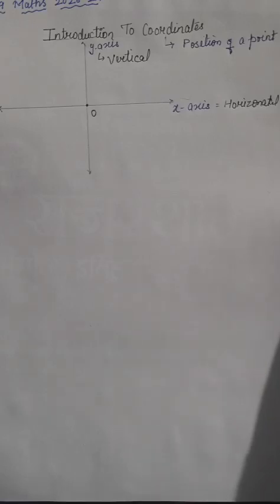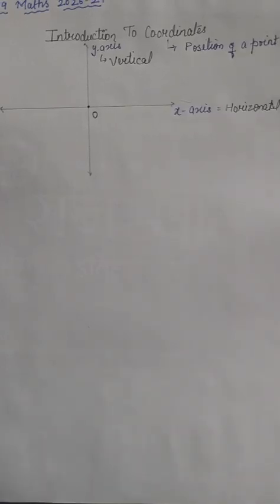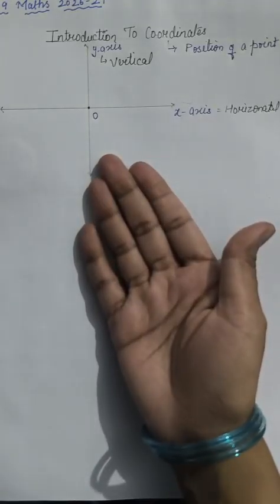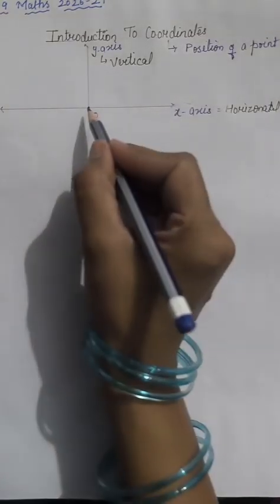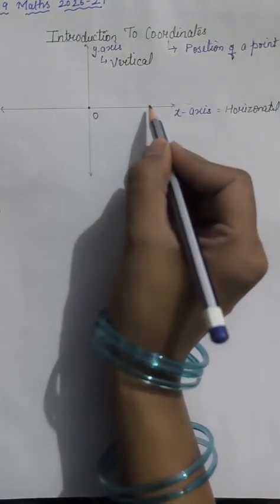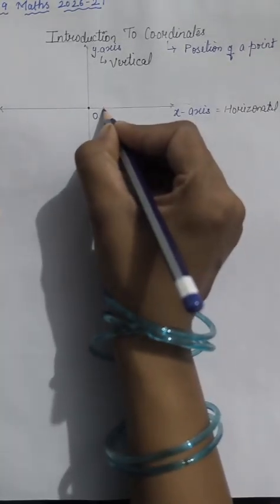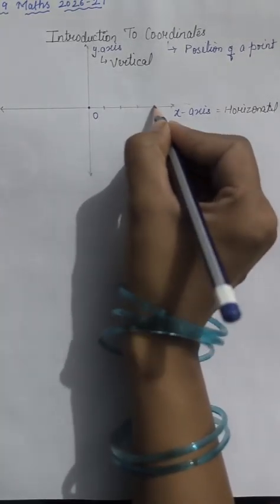Now, let's draw some points. See, in these horizontal and vertical lines, we are having positive and negative numbers also. So, I am giving at the right side of this origin on the x-axis, all the numbers in positive sign. 1, 2, 3, 4.